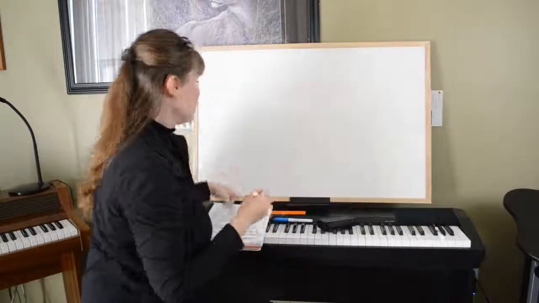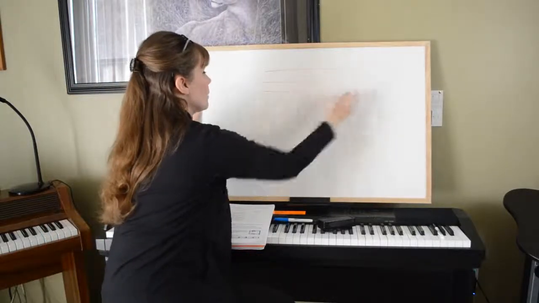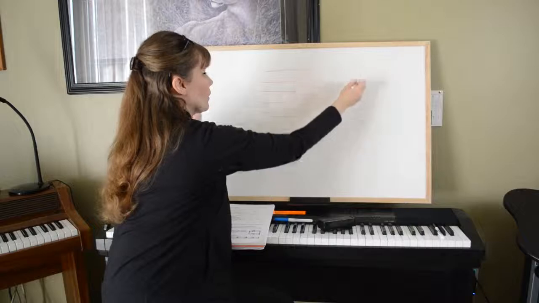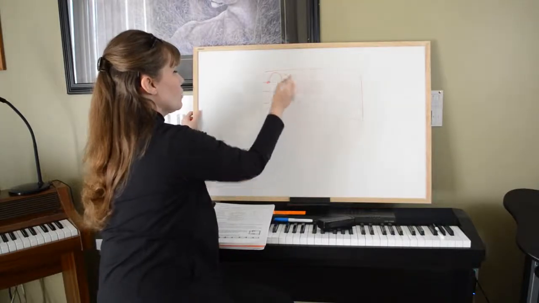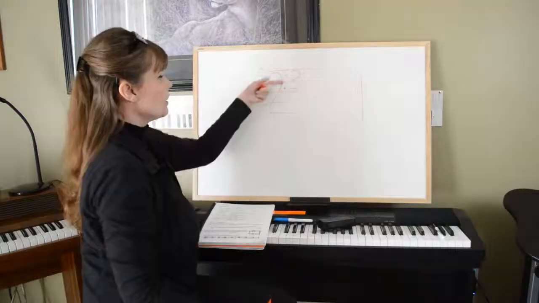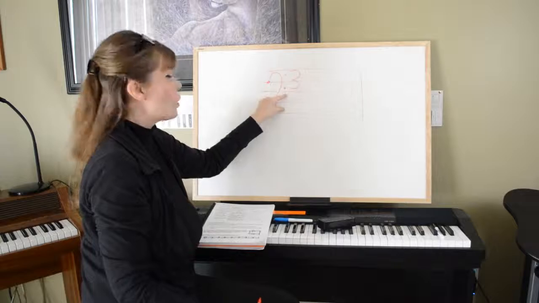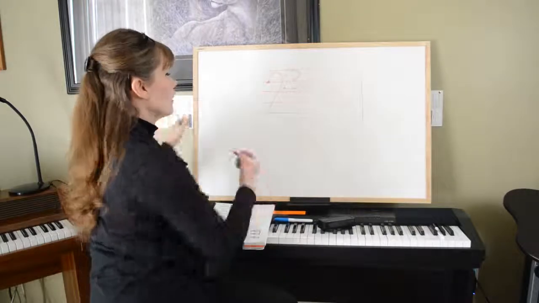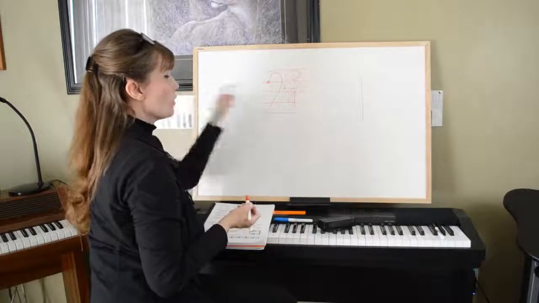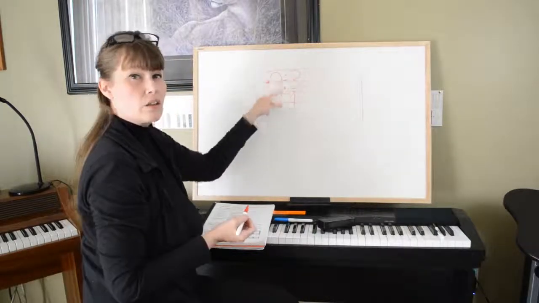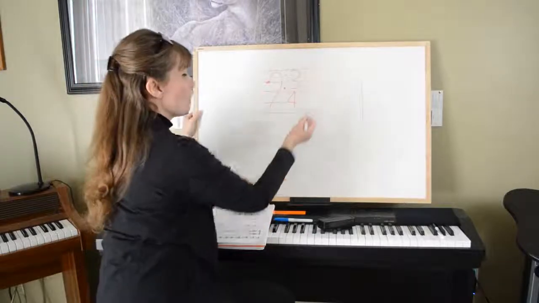Let's try the triple time. So in triple time, let's use a bass clef this time. In triple time, I'm going to put my 3 at the top, and then I need another number to say what kind of note gets the pulse. So let's use 4. So I need 3 quarter notes in each bar, or the equivalent of 3 quarter notes in each bar.